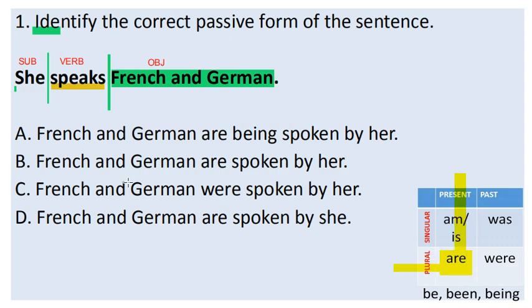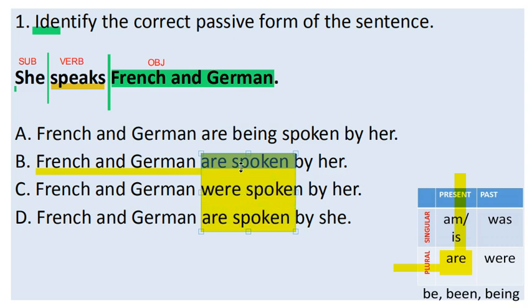What is the past participle of the verb speaks? It is spoken. Correct? So we have are spoken. French and German are spoken. Which option has are spoken? Okay, option B and D. Let's then finish it so we can know the one which is correct between the two.